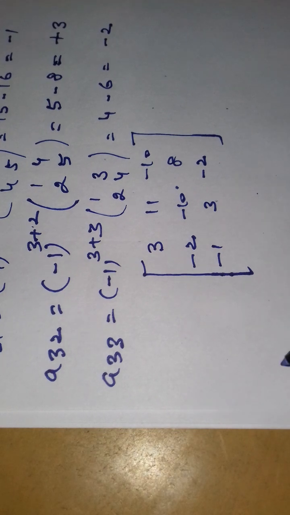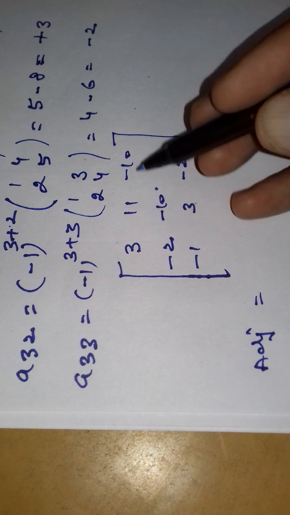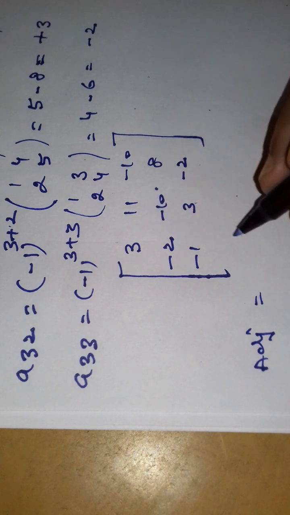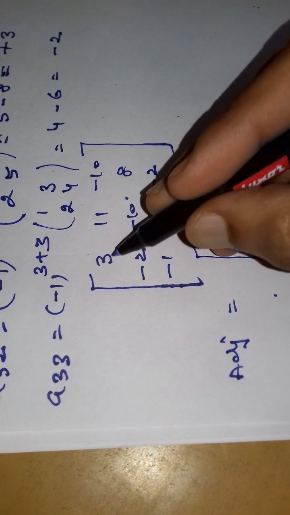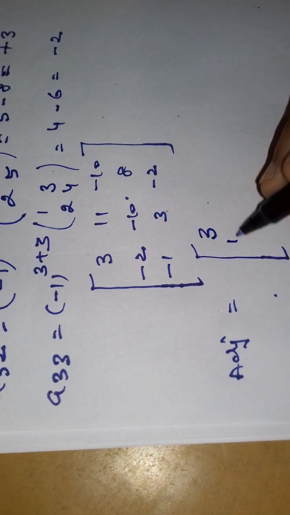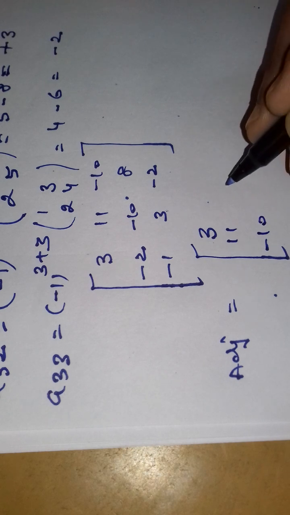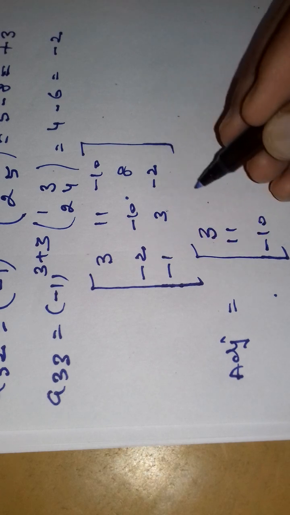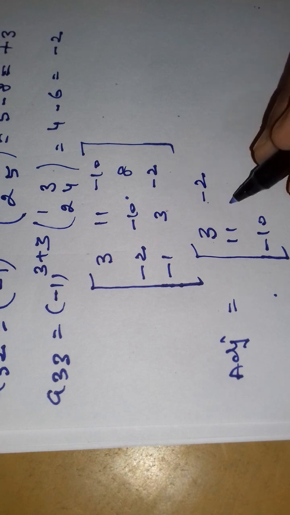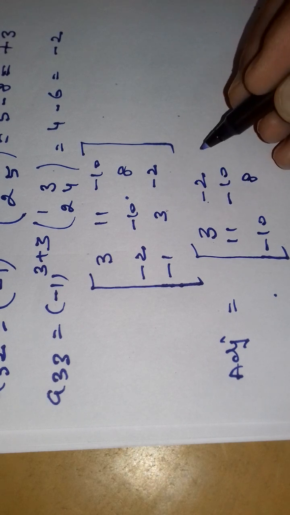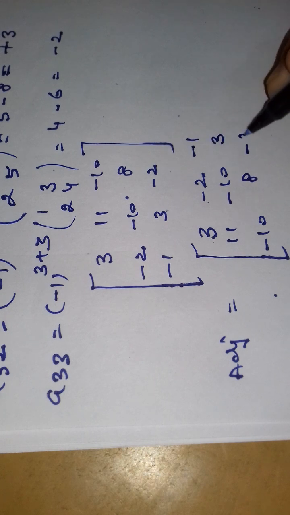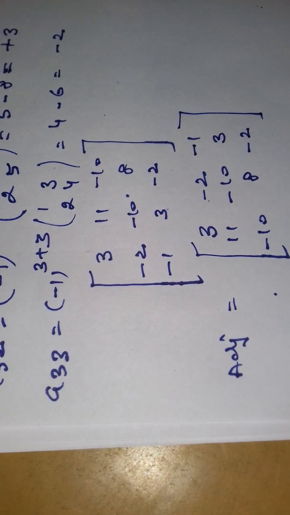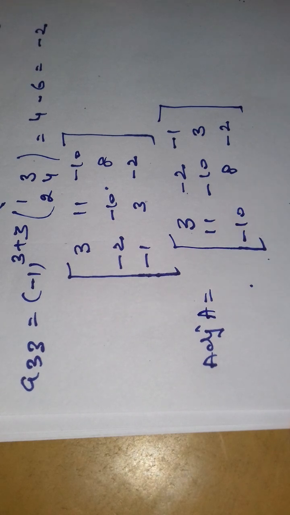For finding adjoint, we must transpose these cofactors, rows into columns. I am putting first row as first column, 3 11 minus 10. Second row as second column, minus 2 minus 10 and 8. Third row as third column, minus 1, 3 and minus 2. So we got the adjoint of A.